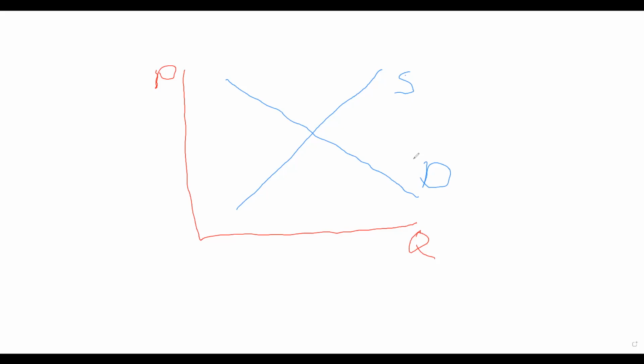The war will disrupt the oil supplies, shifting the supply curve for gasoline to the left. So let us show this on our graph, and the result will be a higher equilibrium price and lower equilibrium quantity. So this is what will happen in the market of oil.